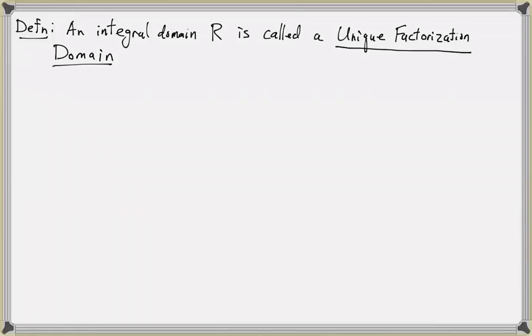We're going to abbreviate this by UFD, unique factorization domain, if we have two conditions.